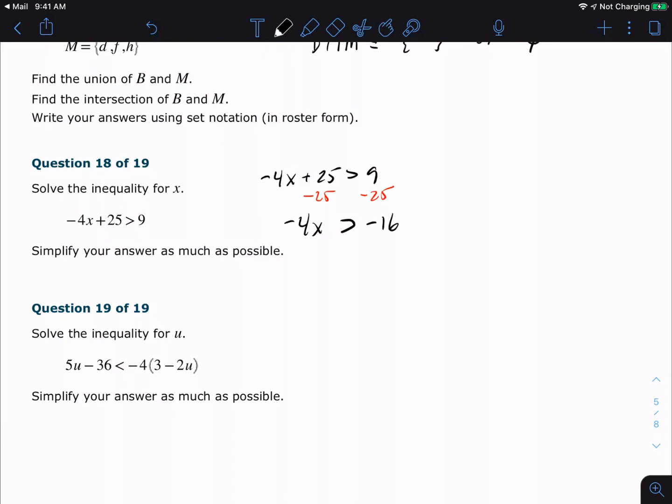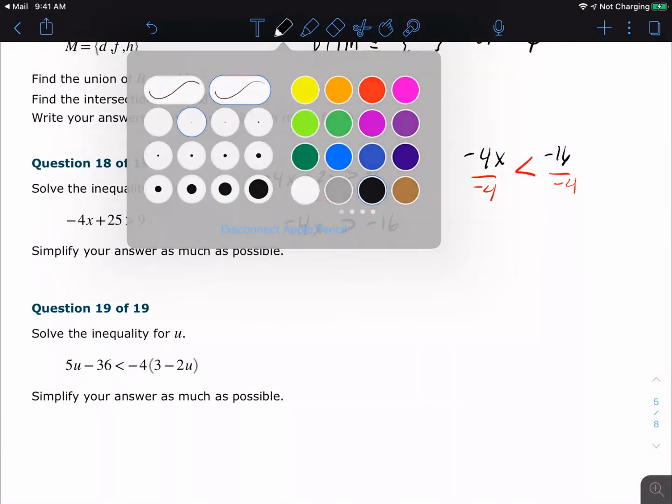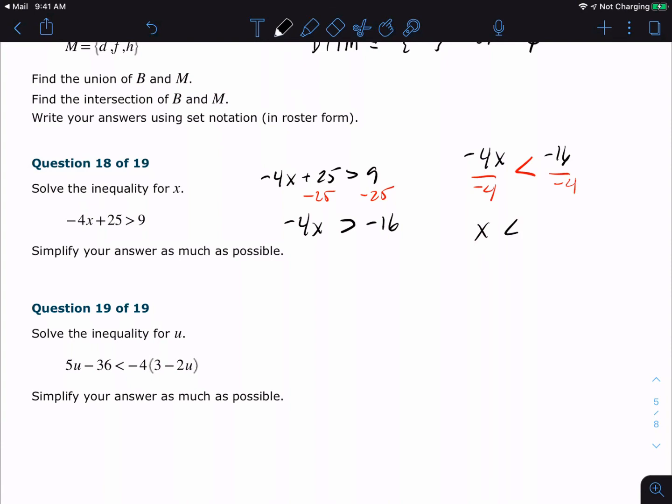Now, one thing that's important: when I divide by a negative, that flips the inequality. So please don't forget to flip the inequality. And so x is going to be less than 4. And that's our solution.